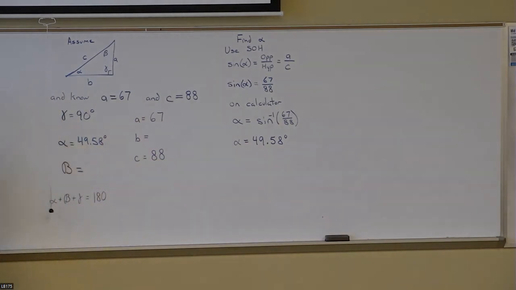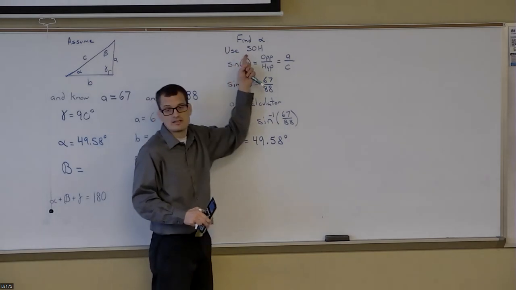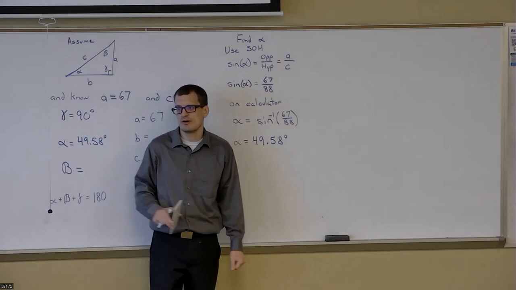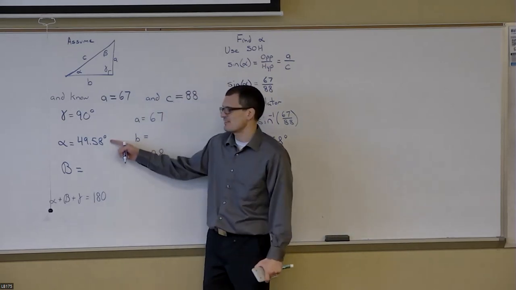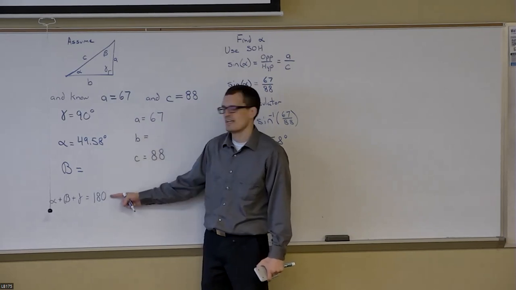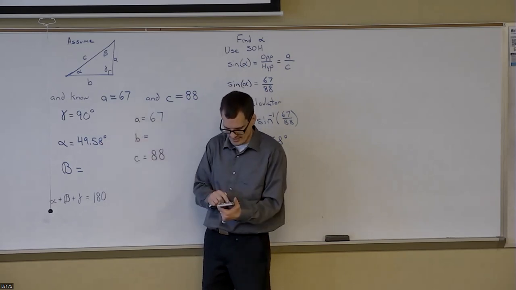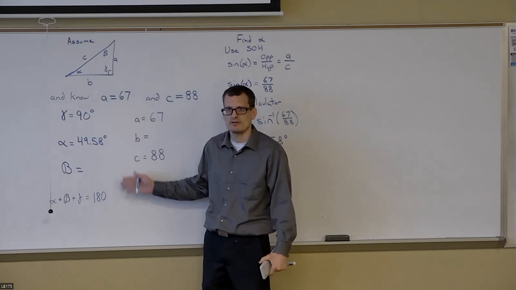Now, if you wanted to, you could do the same thing for beta with the CAH part of SOHCAHTOA, all right? But it's easier, once I get this, just to say angles add up to 180 degrees, so take 180 minus 90 minus 49.58, so 90 minus 49.58 is 40.42.